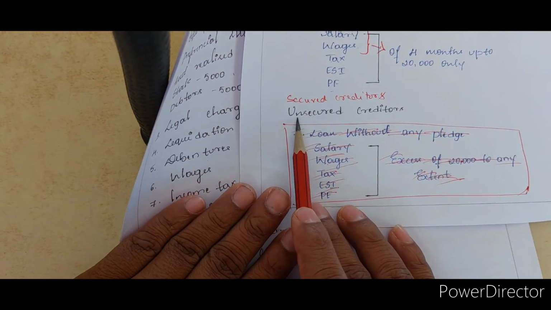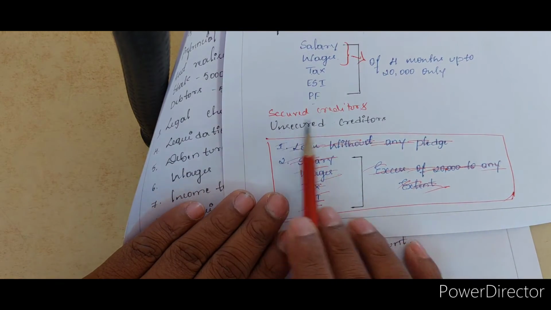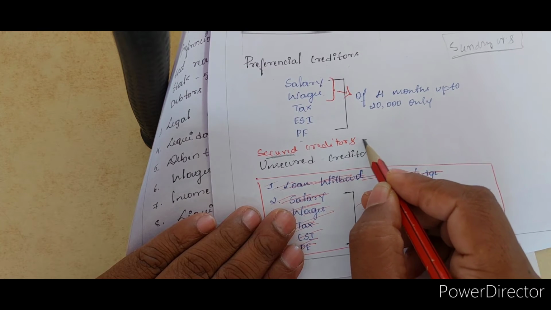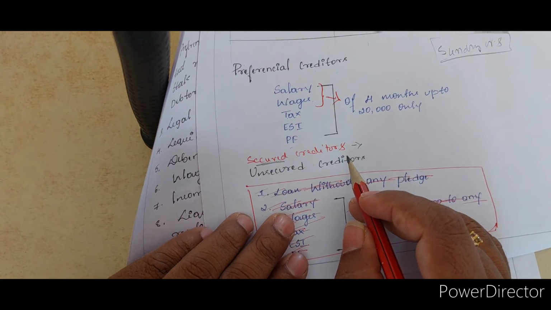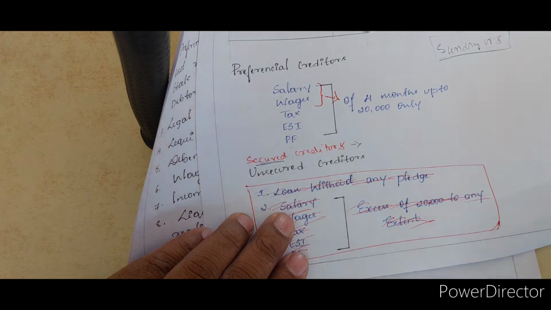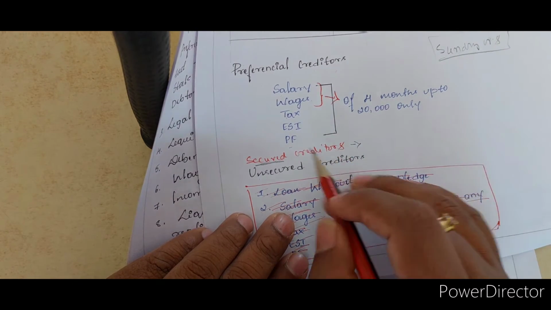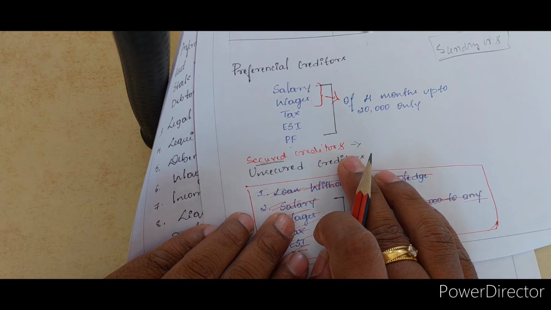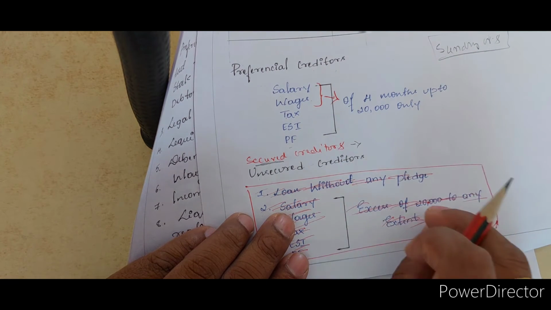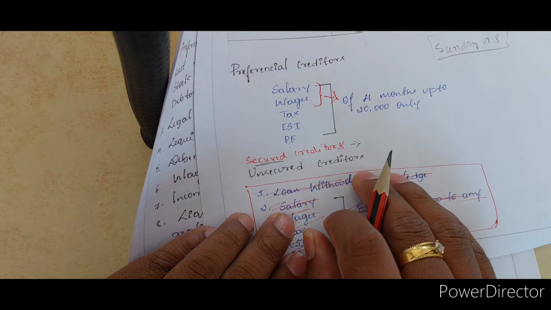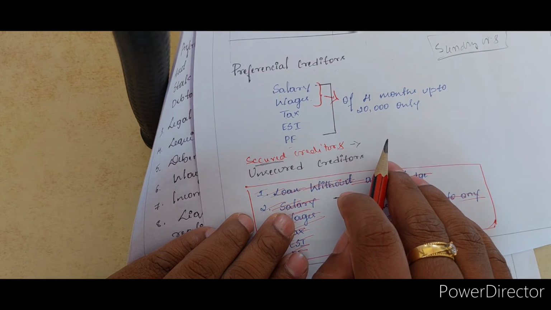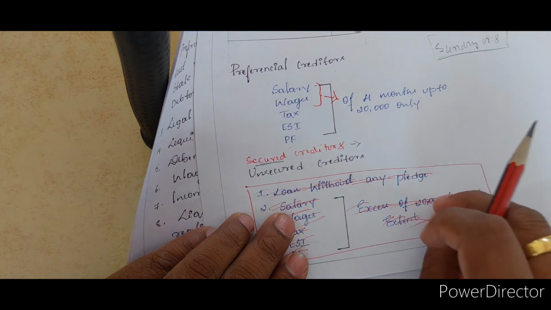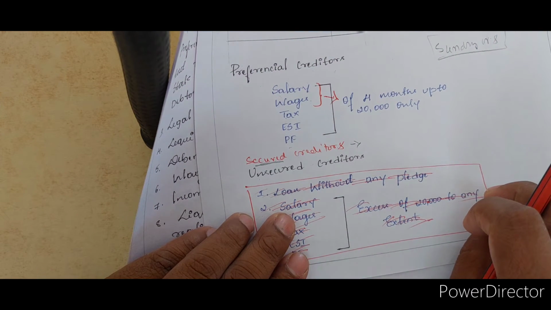The next is secured creditors. The word says it itself: secured creditors means if you have taken a loan from anyone by pledging any valuable assets, such things are called secured creditors. For example, you have taken a loan from Ramesh, an external person. Just imagine that you have received 10 lakh rupees from Ramesh.